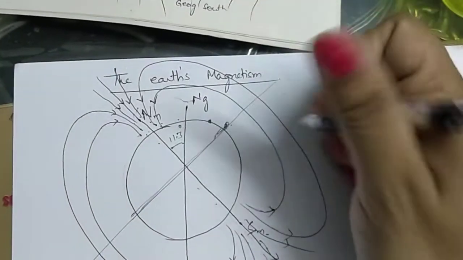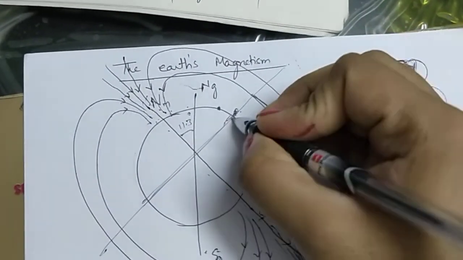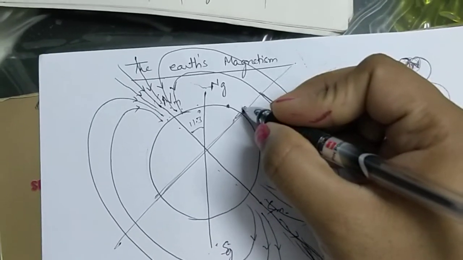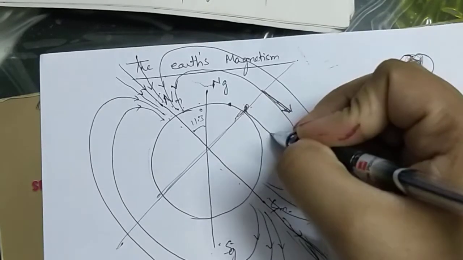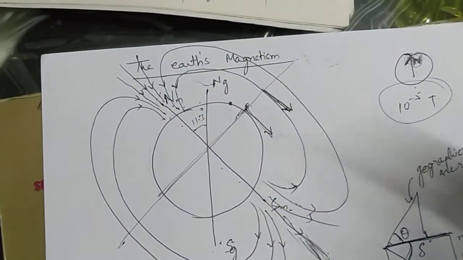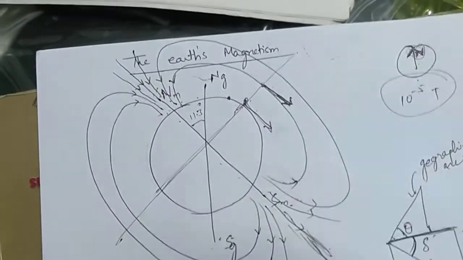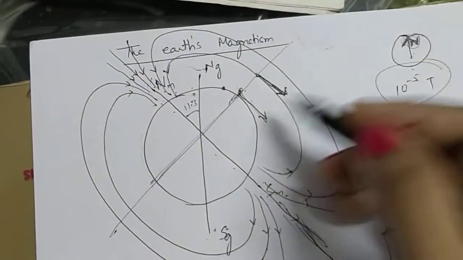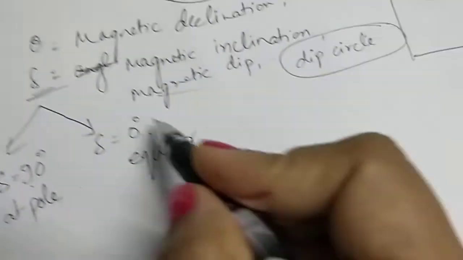On that plane, because you are lying here, the tangent to the surface of Earth is the horizontal. This is the horizontal, and Earth's magnetic field is also along this side. So the angle between them is 0 degrees. So 0 degrees at equator.